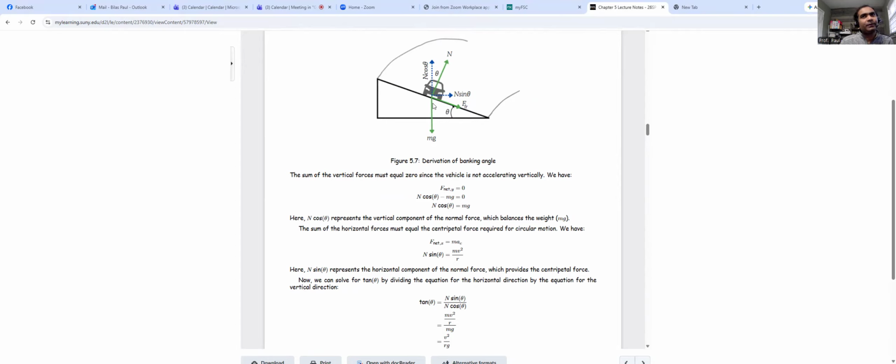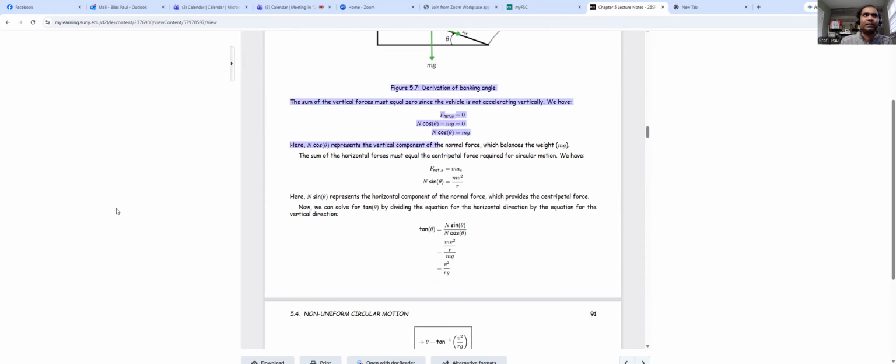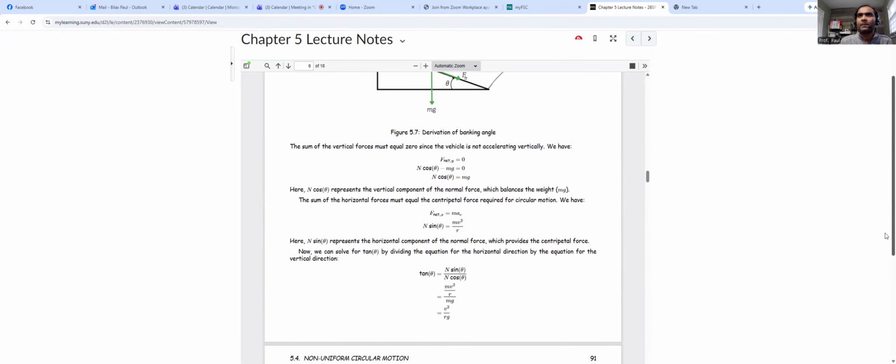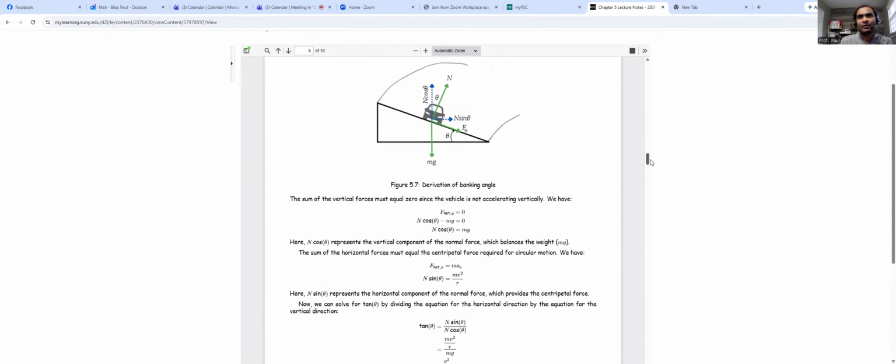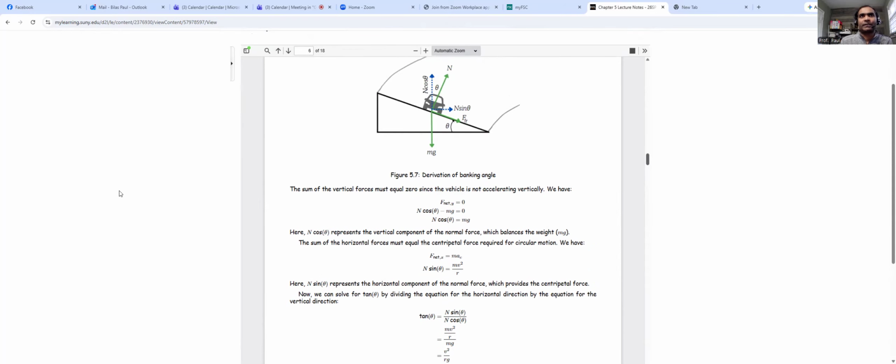We also have friction, but for simplicity we ignore it. If we include friction, this calculation will be a little more complicated. In introductory algebra-based physics, we always neglect friction.